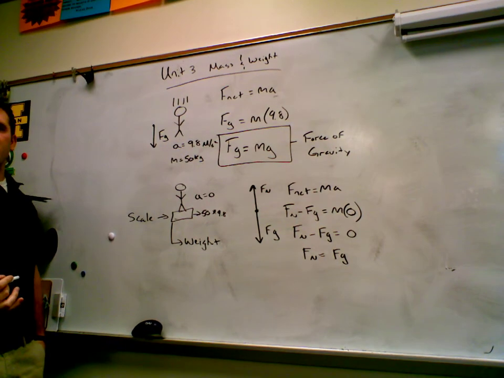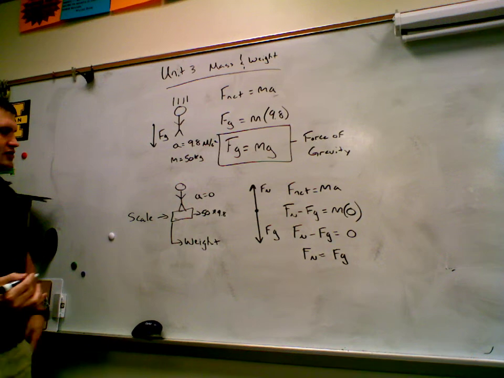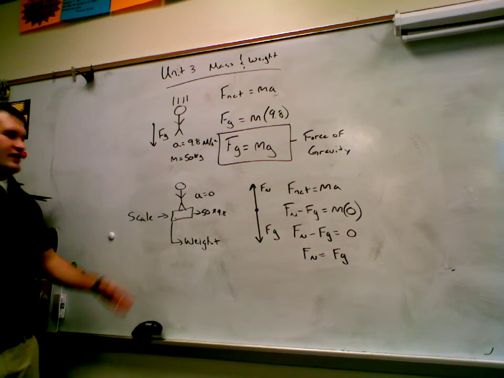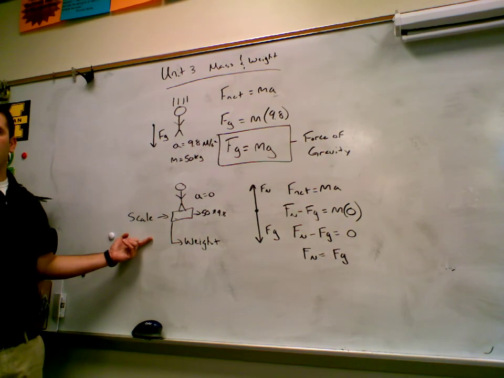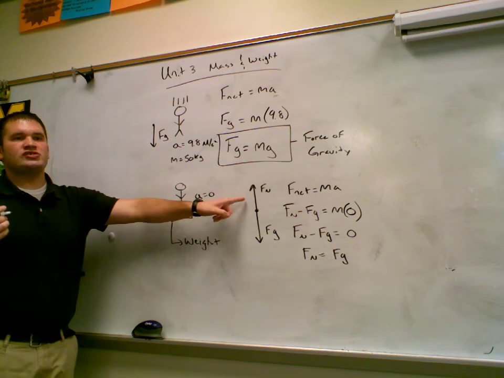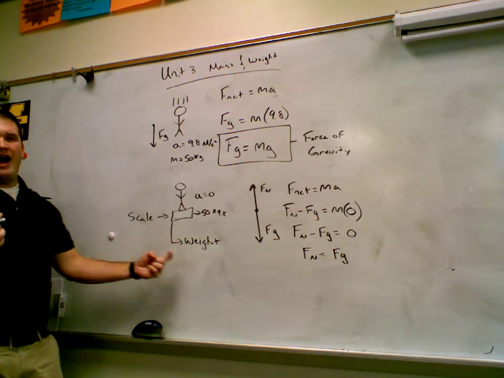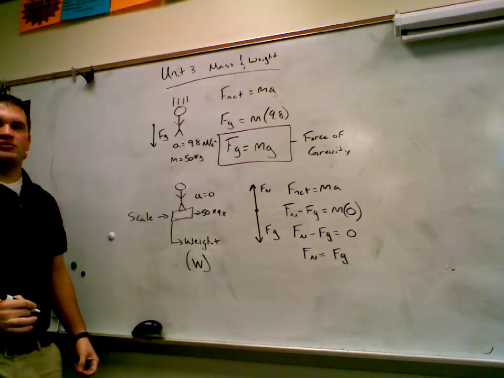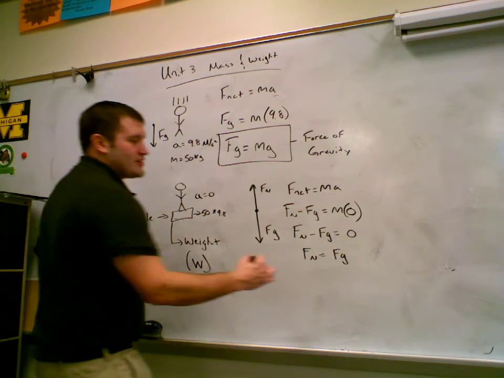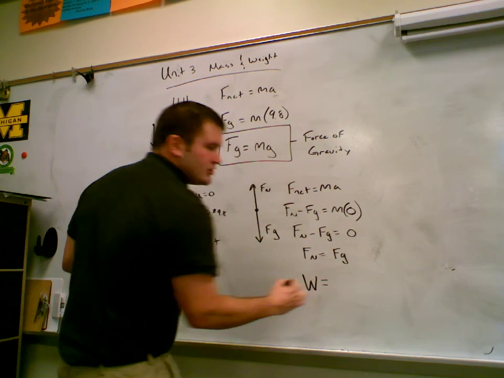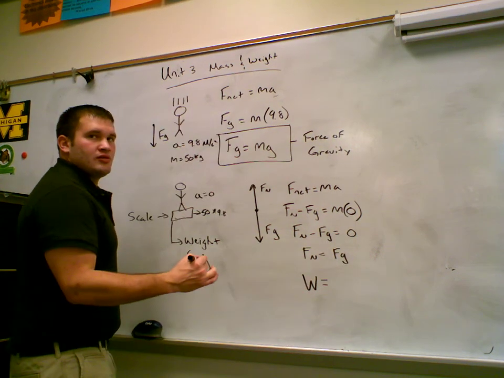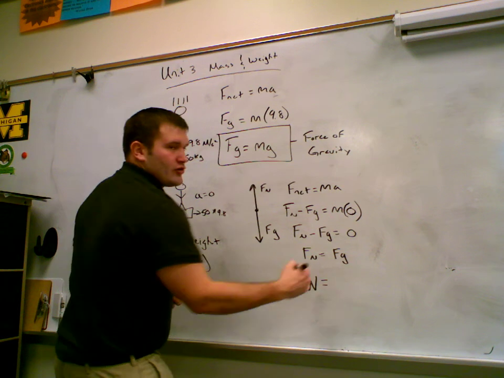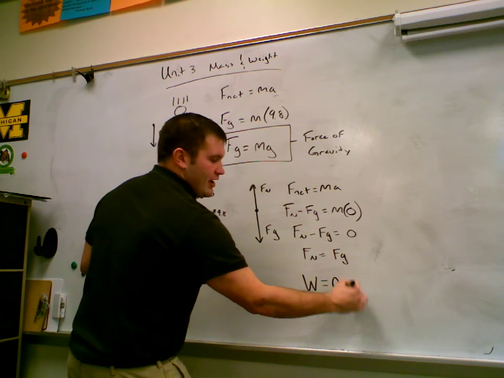Does that make sense, guys? So, we said this scale measures our weight. So this force normal right here is what the scale outputs as weight, which some physics books call W. So then I can rewrite this as W equals, what's force gravity? mg.